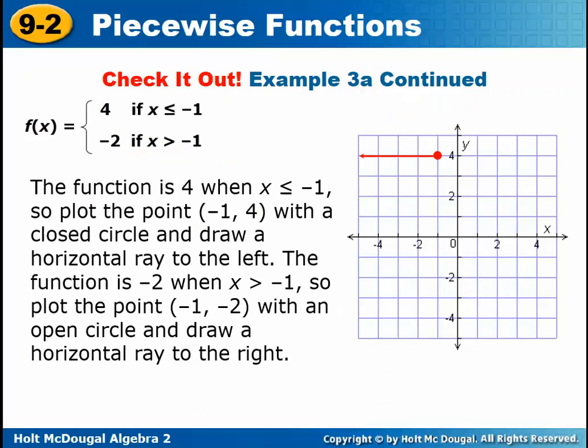So for the first part, you just put your solid dot because it's less than or equal to negative 1, and then we just have our straight line going through. It would go through y equals 4, but we don't want it to go that far, so just a straight line right there. And then for the other part, it's negative 2 for x is greater than negative 1. So we'd use an open circle because we do not want to include the negative 1 there.